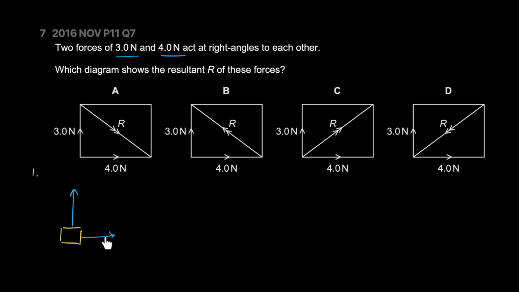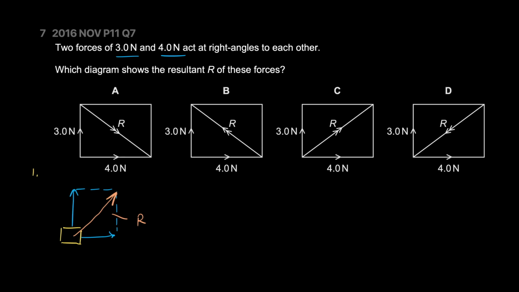Then draw a perpendicular line to it, 4 centimeters or inches long, and make a rectangle around it. Poorly drawn, but this vector will be the resultant vector, R, right?